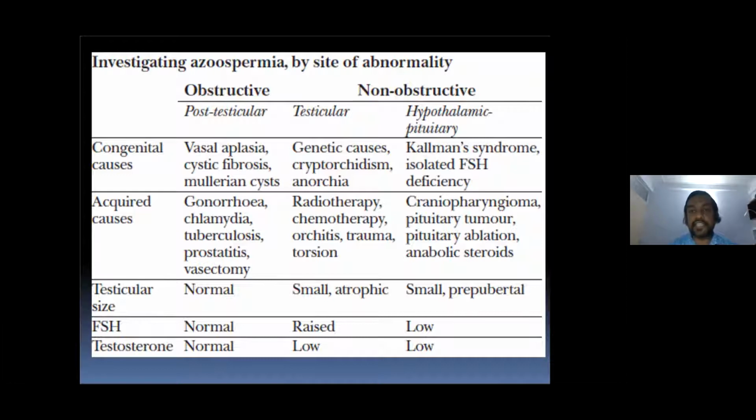So if you suspect that the patient has varicoceles, then a scrotal ultrasound scan is warranted, in the initial part of the examination. But the transrectal ultrasound scan is based on the endocrine tests and seminal fluid analysis.